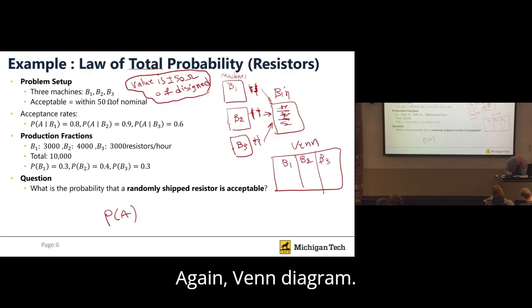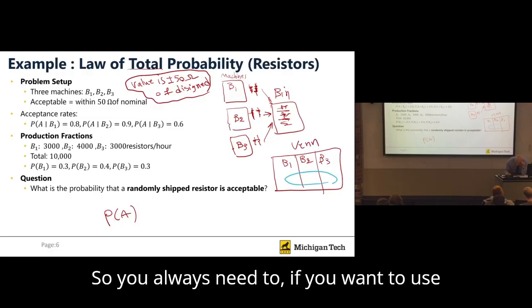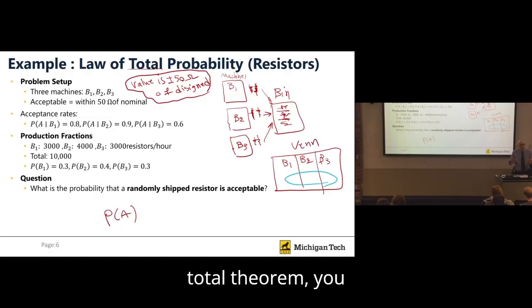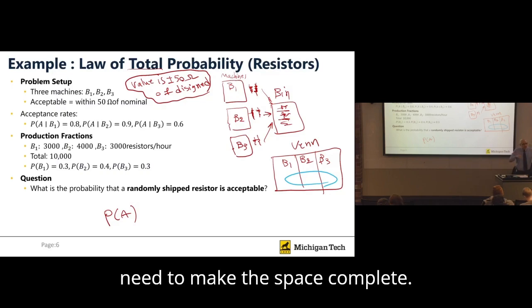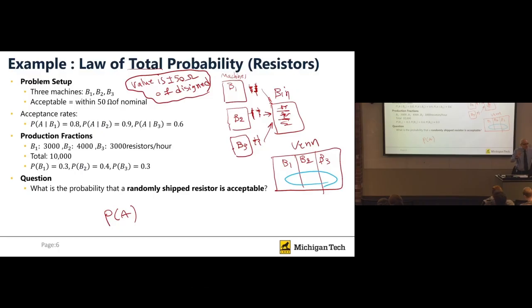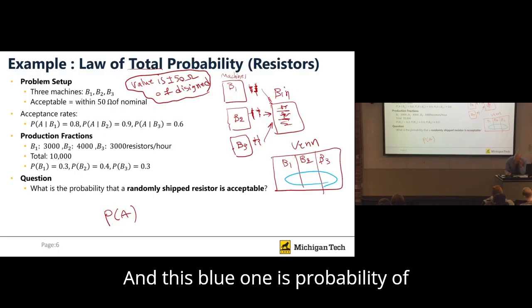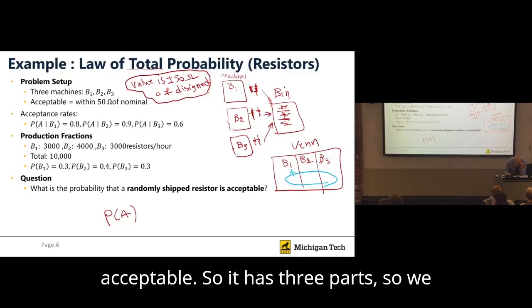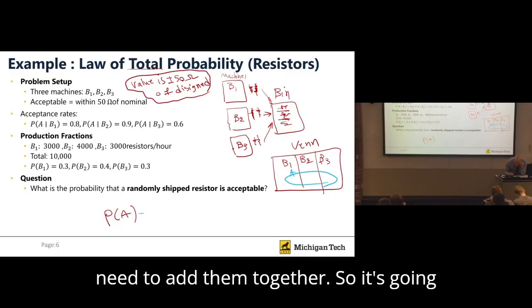Again, Venn diagram. Okay? So you always need to consider, if you want to use the total probability theorem, you need to make the space complete. This is the important part. And this blue one is the probability of acceptable. So it has three parts, so we need to add them together.